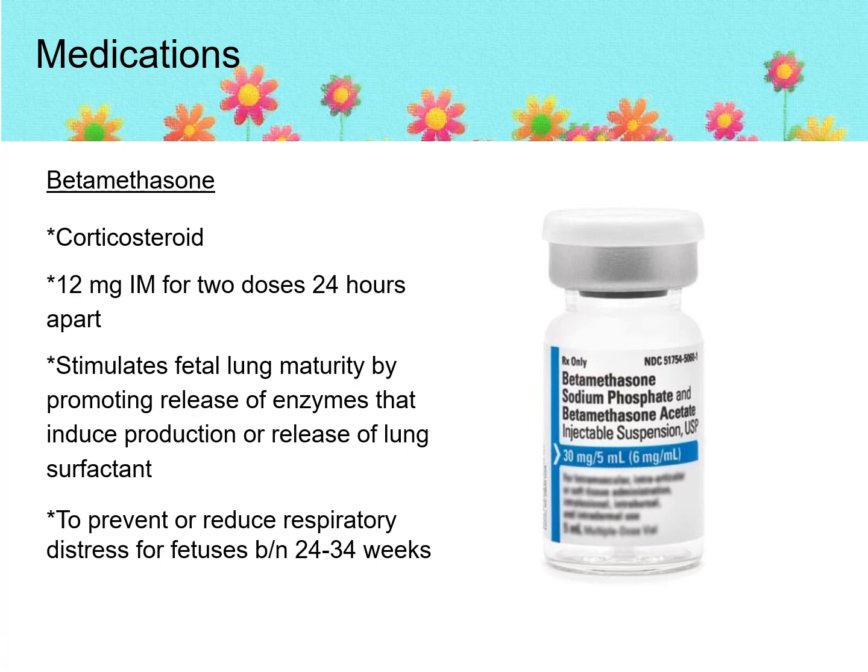However, if mom has diabetes or hypertension, it is a corticosteroid, so it could worsen her condition. Like I said, we are giving it IM, so we will want to give it either ventral gluteal or vastus lateralis, into a deep muscle. We may also want to keep up with mom's blood sugars depending on if she has any issues.